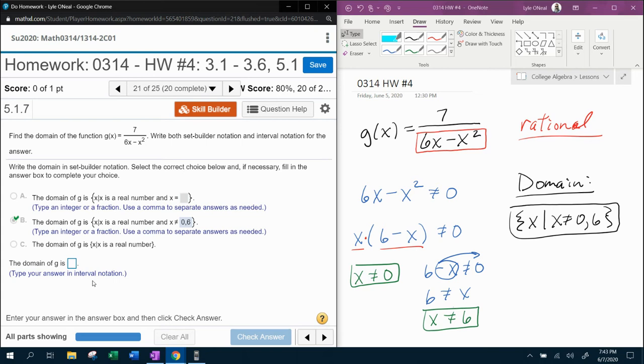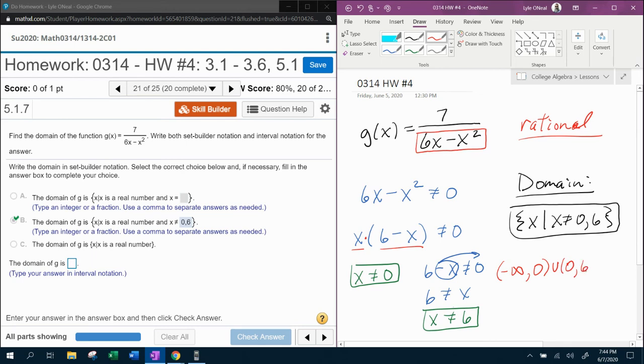Now, interval notation. Interval notation is kind of like saying the interval on the number line where x is defined, like the values that x can be on the number line. So if I know that x cannot be 0 or 6, let's do this in red. I know that x can be anything from minus infinity up to 0, but not including 0. So I'm going to use a parenthesis there that says up to, but not including 0. I'm then going to skip over 0 and keep going until I get to 6.